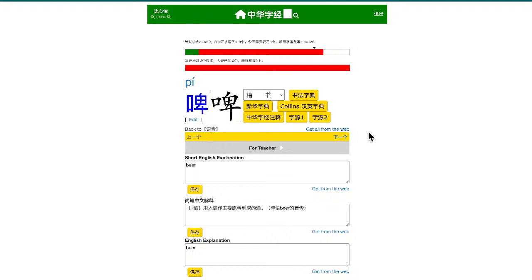Pi is this kind of thing. Another example is tank, the military tank. In Chinese they translate it into 坦克.